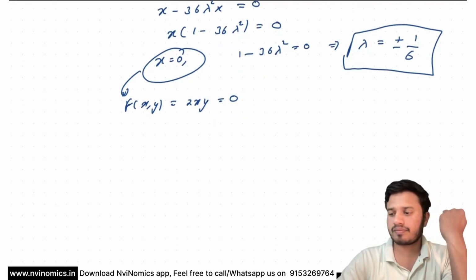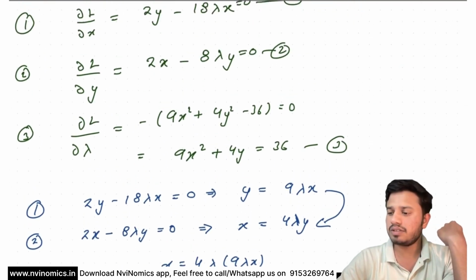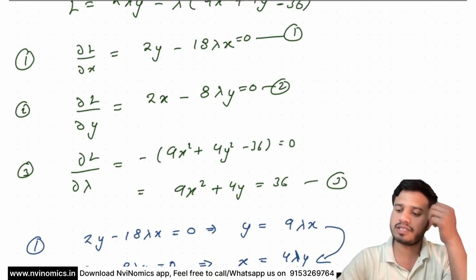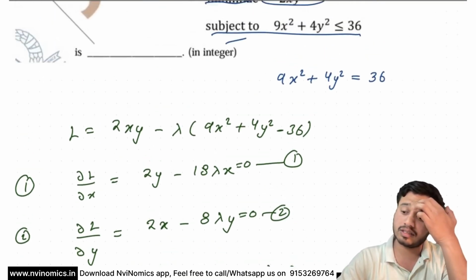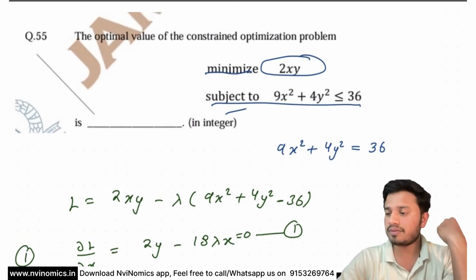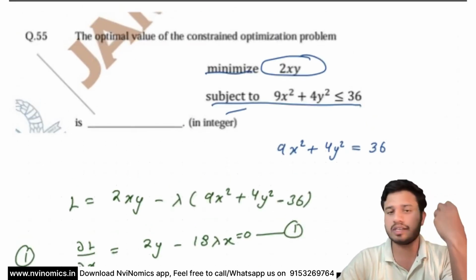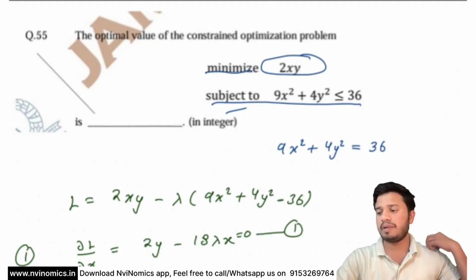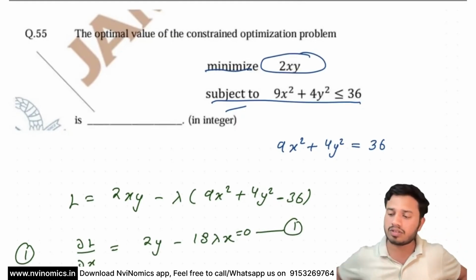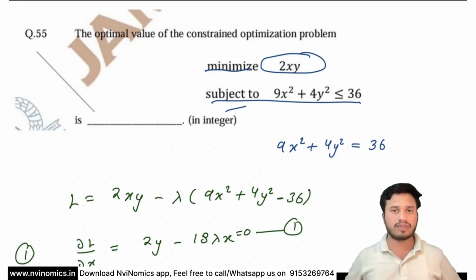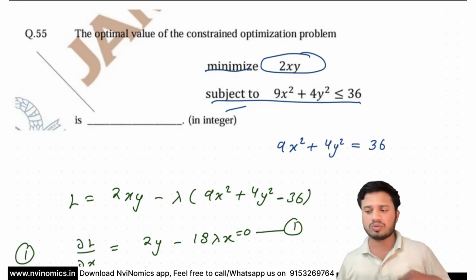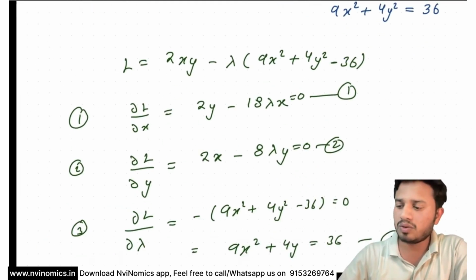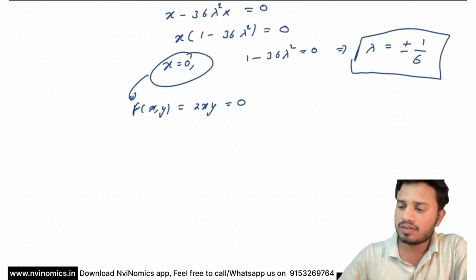Of course it will not be the point of minima, because our condition 9x square plus 4y square equals to 36 is allowing the other quadrants also, that implies negative values of x and y. That means it can go below that. So we will work with this only.